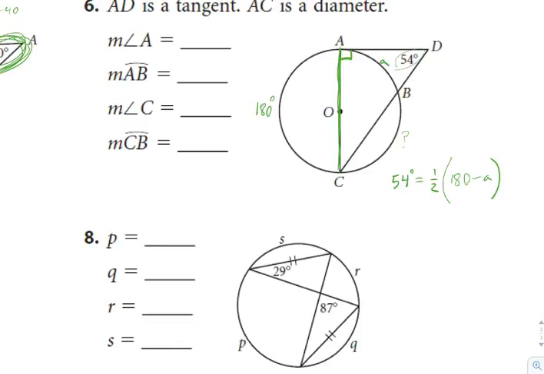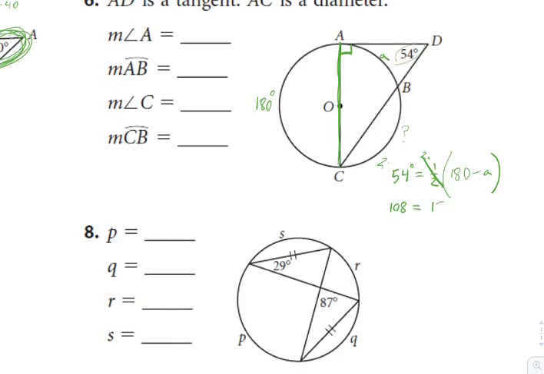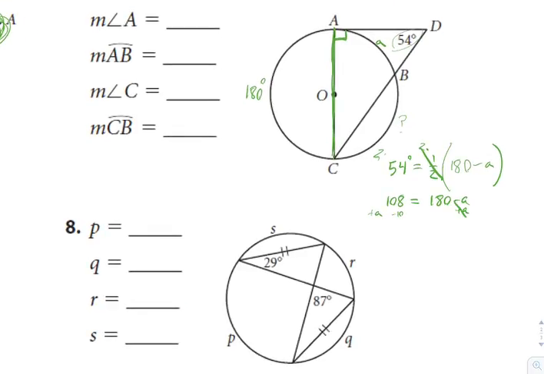So 180 minus A. Since that doesn't distribute nicely, let's multiply both sides by 2. We get 108 equals, canceling that, 180 minus A, so adding A to both sides, subtracting 108 from both sides, we get A equals 72.